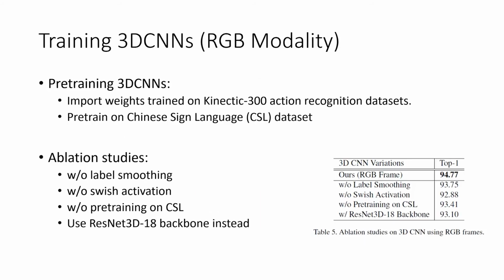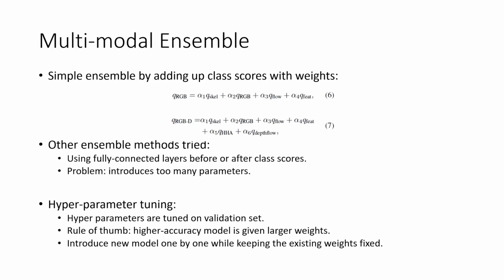We import weights trained on the Kinetics 300 action recognition dataset. Then we pre-train the model on a Chinese Sign Language dataset. Pre-training the model on these datasets improves the accuracy as shown in the table. We also conduct ablation studies without label smoothing, without swish activation, or using a ResNet 3D 18 backbone instead of the 2+1D.